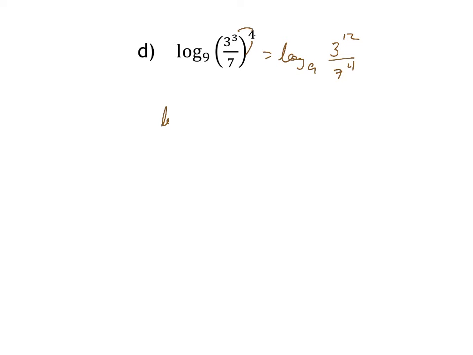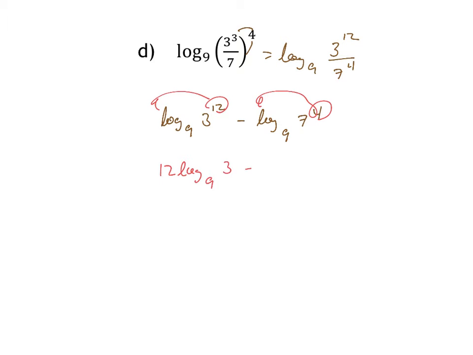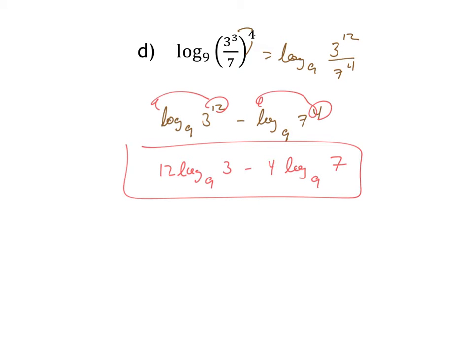So I get log base 9 of 3 to the 12th minus log base 9 of 7 to the 4th. Exponents get kicked out front. So I get 12 log base 9 of 3 minus 4 log base 9 of 7. And we are good to go.